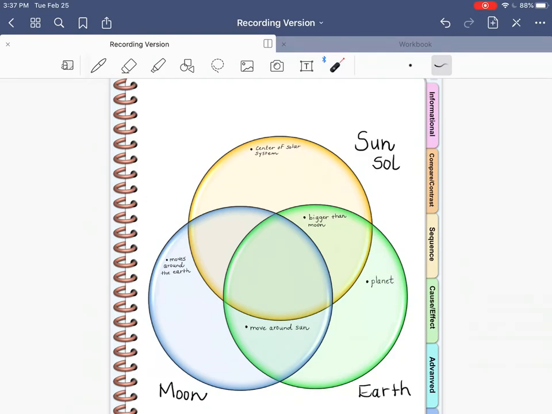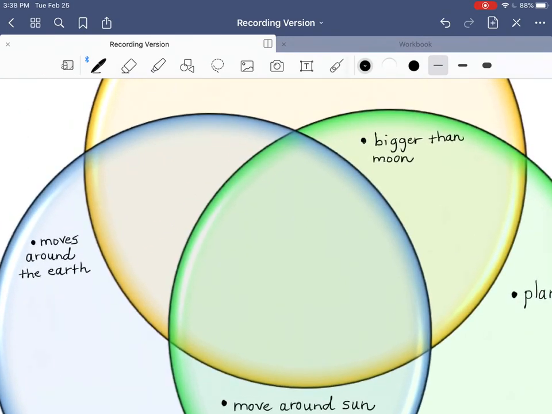It's true for all three. So this time we need to go to this space. It's true for all three of them, and that's the piece that goes in the middle. Held by gravity. If gravity were to disappear, these parts of the solar system would not stay together.